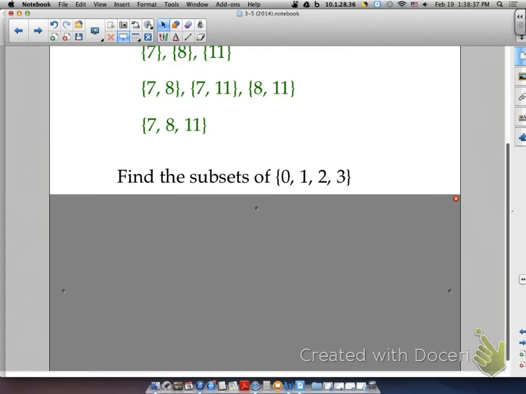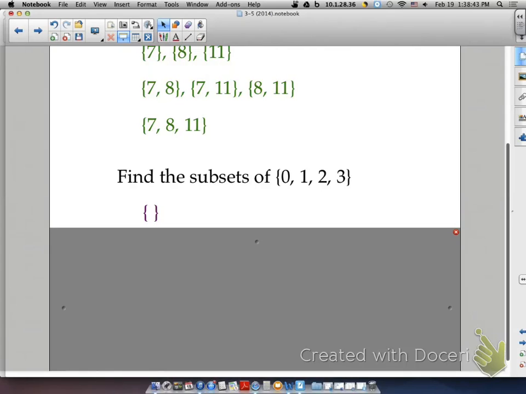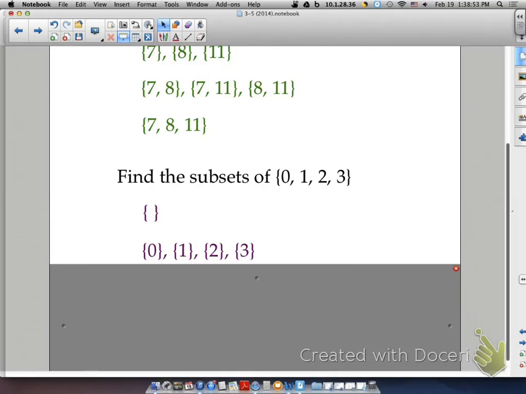Henry, start with the first subset. Null set. Good. All right. Next sequence of sets. Sam? 0, 1, 2, and 3. Okay, so those are all individual subsets. 0, 1, 2, 3. There are four different numbers.